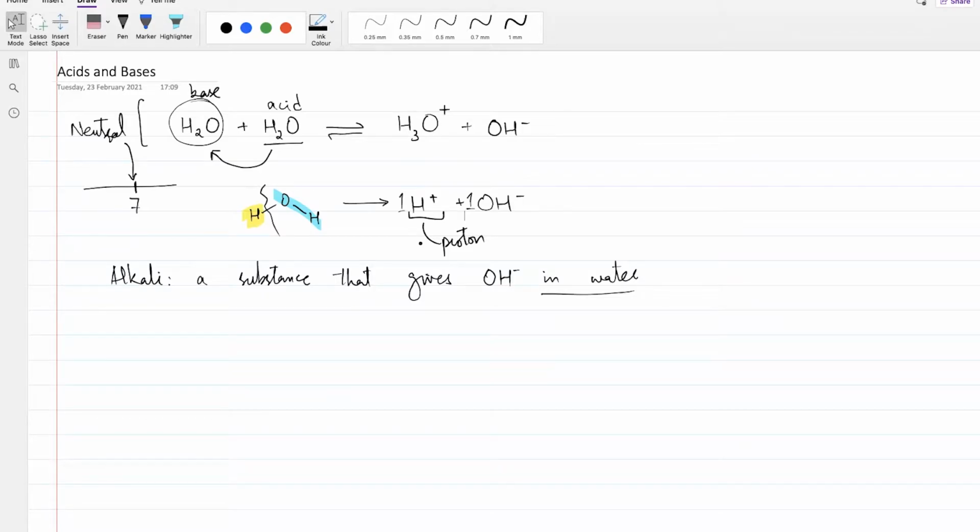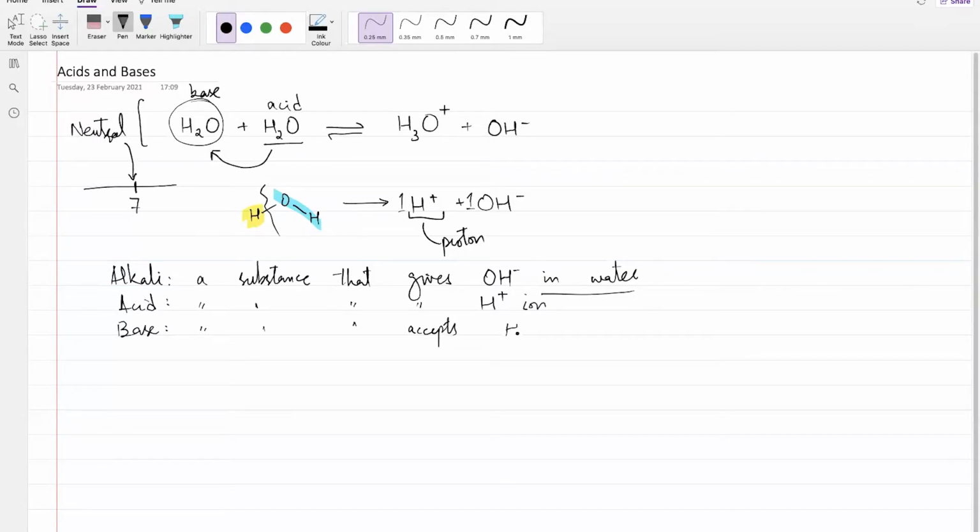Okay, so let's just finalize the terms then. Acid, base, alkali. What's acid? A substance that gives H positive ion or proton, and base is a substance that accepts H positive ion.